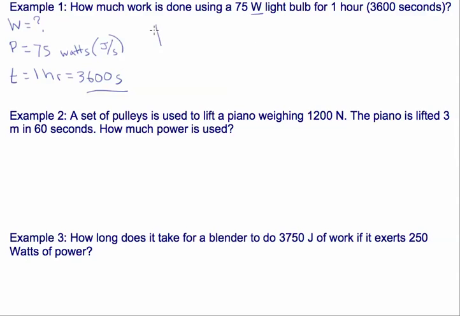We know that power is equal to work divided by time. It's how fast you do that work. So we can put this into our magic triangle to solve for work. Power, work over time. So if we are solving for work, we have power times time.